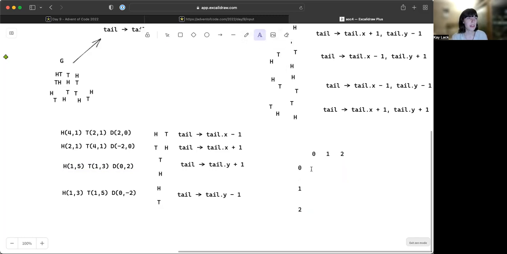So if the difference is, no, wait, it's going to be different than this. It's going to be like this.